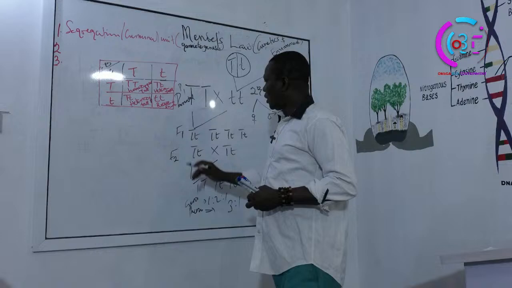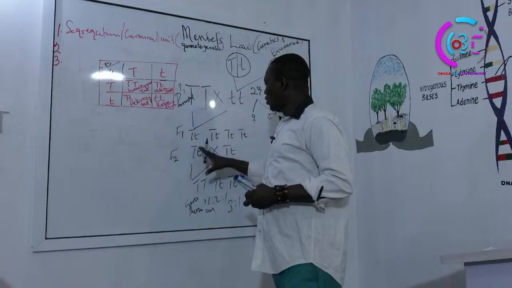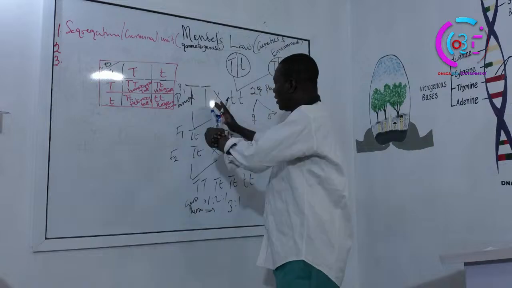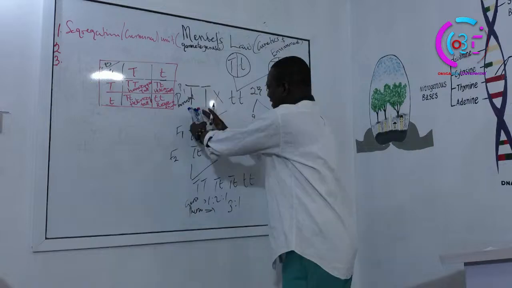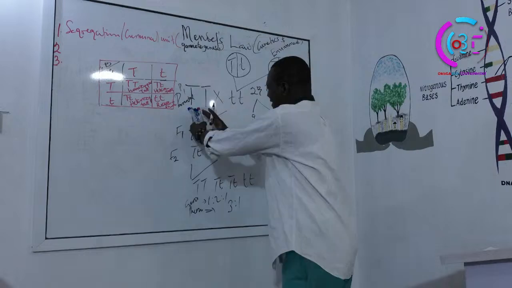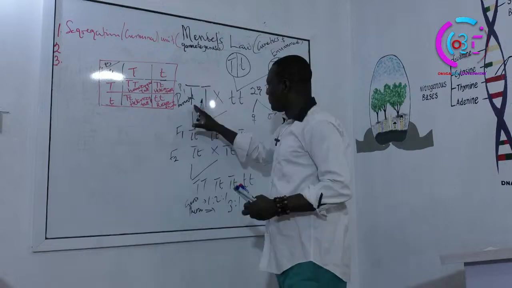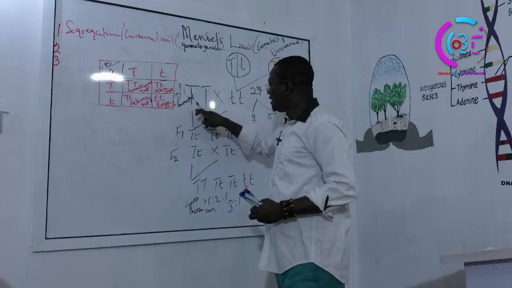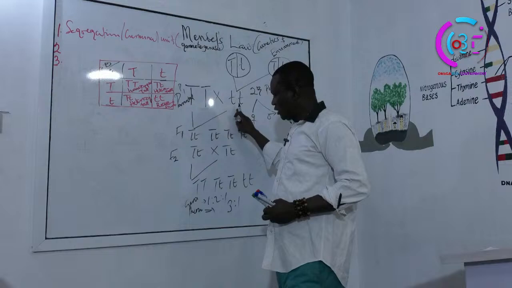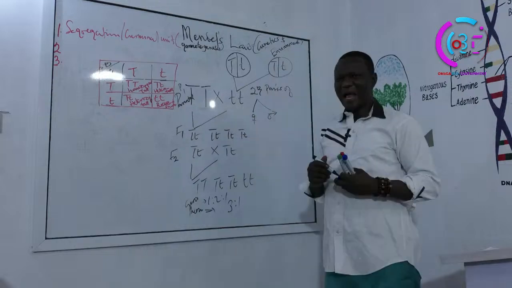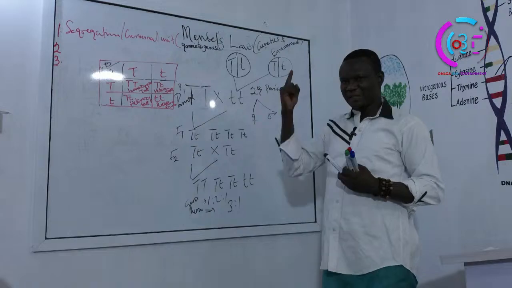So then don't forget that this one is parental gamete, which is represented by P1. So during the law of germinal units, this one will separate. That's what he means by segregate. This one is going to separate. That is, one of these is going to be donated by a parent, and one donated by the second parent. So it's going to serve as a germinal unit, that is a single unit.